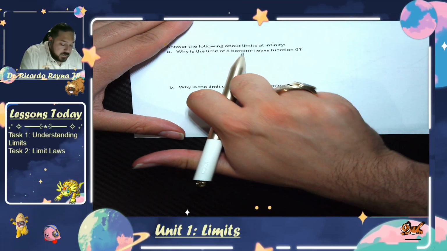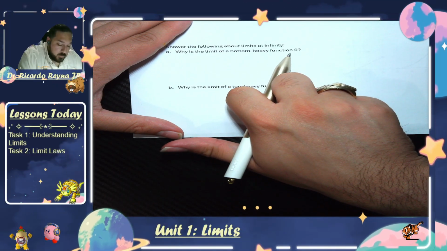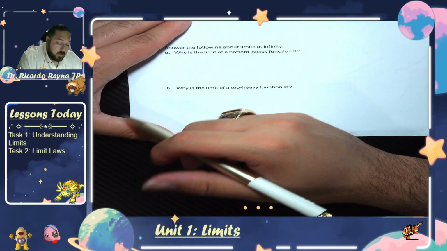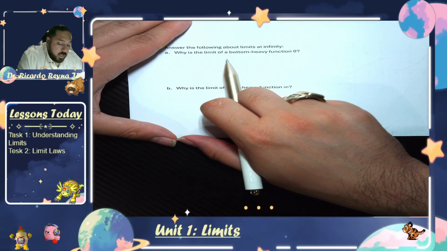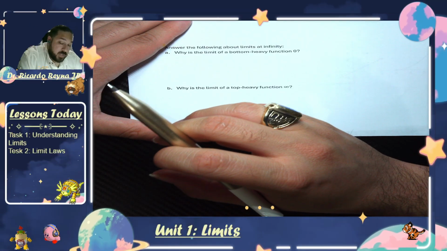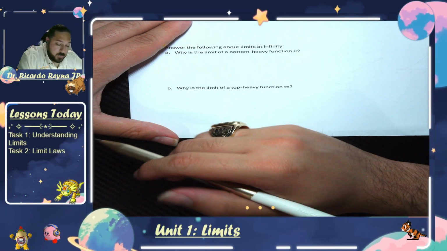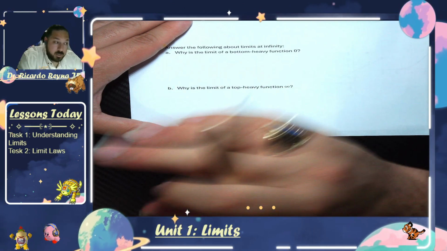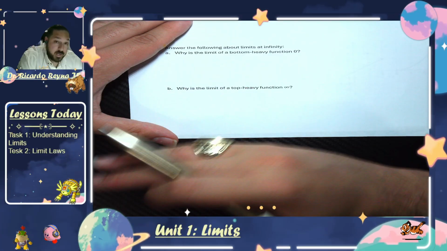So the idea for the bottom heavy function being 0, and we kind of did see it with the power limit theorem, was that if the bottom part's power is heavier, that means it's bottom heavy, the denominator's degree is higher.